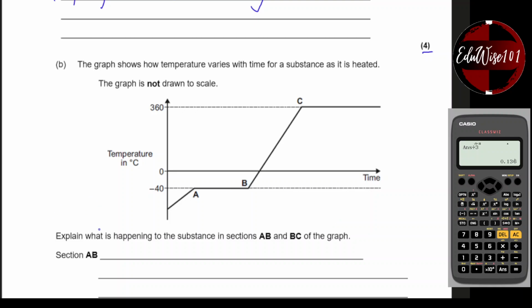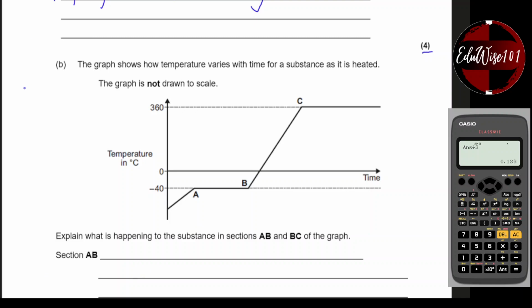So you're starting off here, and then as the time actually increases from 0 forward, the temperature is going up to about -40, and then the temperature stays the same, and then it starts to increase from there. Now, here they're not talking about water, so they're talking about a substance. They haven't told you what this substance is.